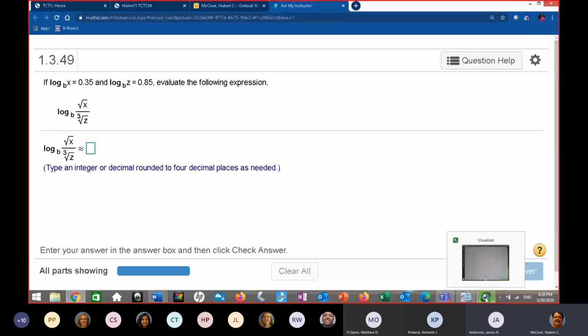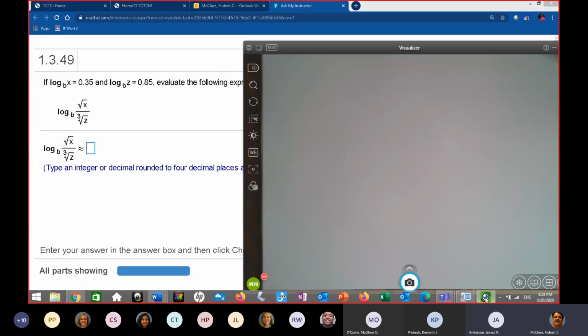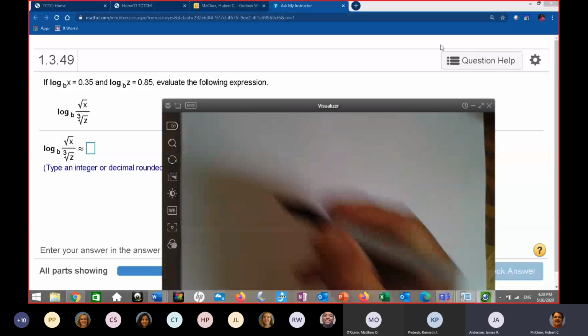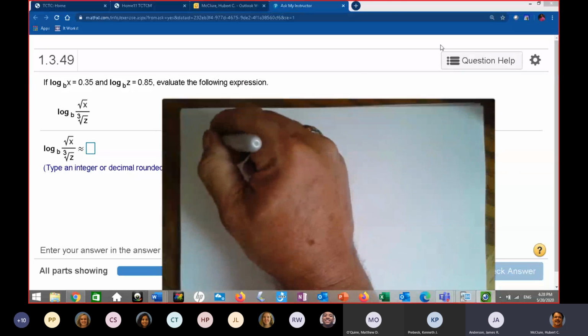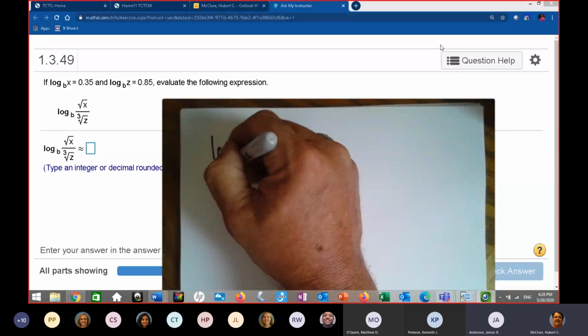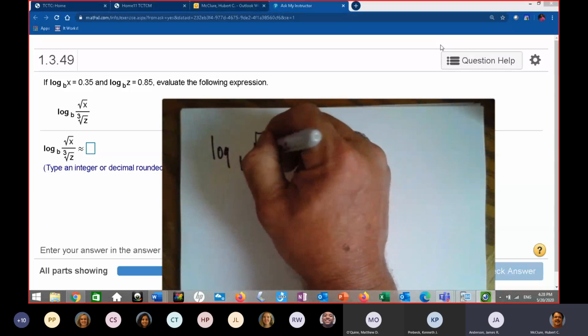The reason I want to show you this question is because this is the type of question I would ask you on a test as far as logarithms. First of all, break it up into quotient rule. Log base b of the square root of x minus log base b of the cube root of x.